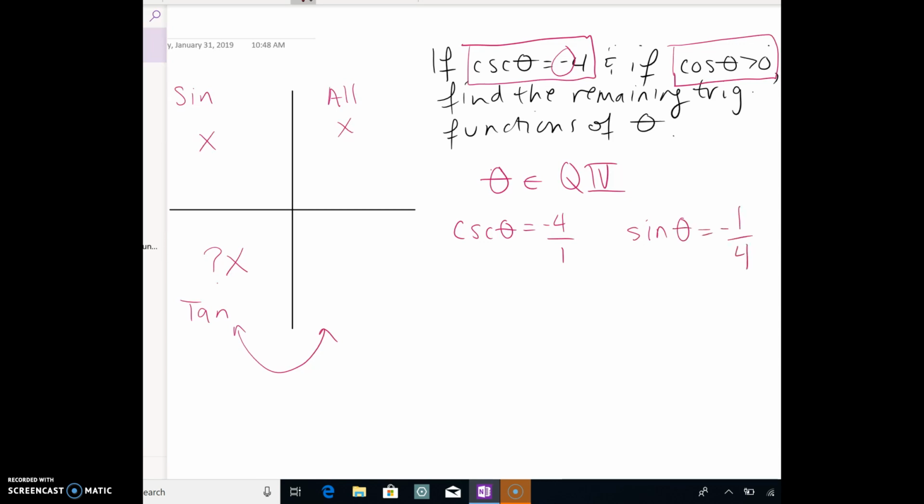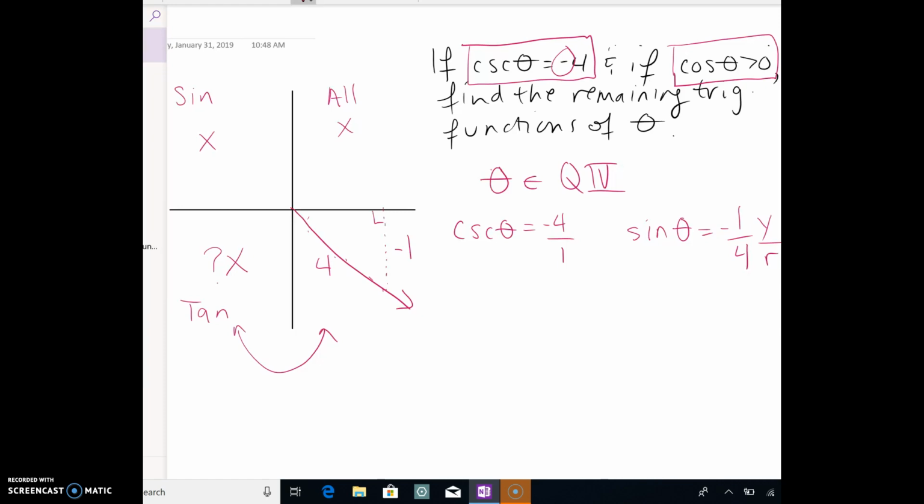All right, let's use that. Well, sine is the ratio of y to r. This is giving us information about the y value and about the r value. So when we go to sketch our angle in this quadrant, we know that our y value over here is -1, and we know that our r value, or the radius over here, is 4.